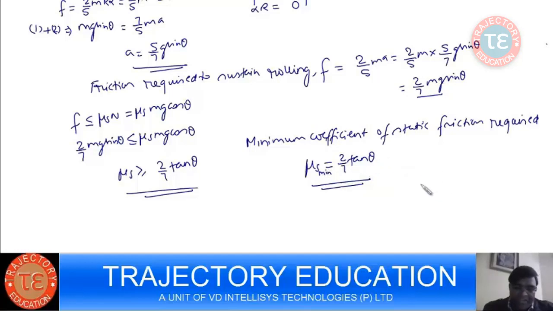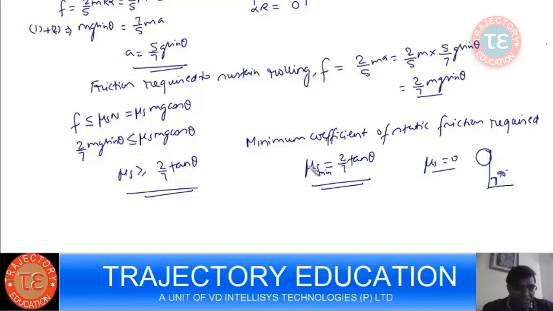See, for a plane surface, the minimum coefficient of static friction required is tan theta times 2 by 7. For a plane surface, theta is 0. So minimum coefficient of static friction required is 0. It means you can sustain rolling on a frictionless surface also. And on the extreme, if suppose it is a wall, what's the coefficient of static friction required to sustain rolling?